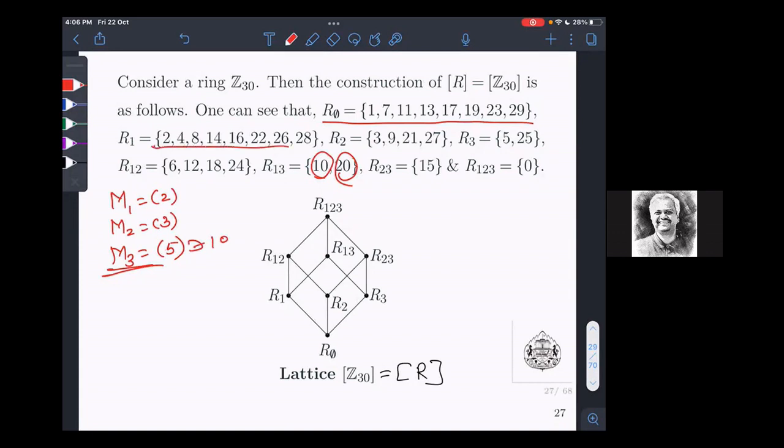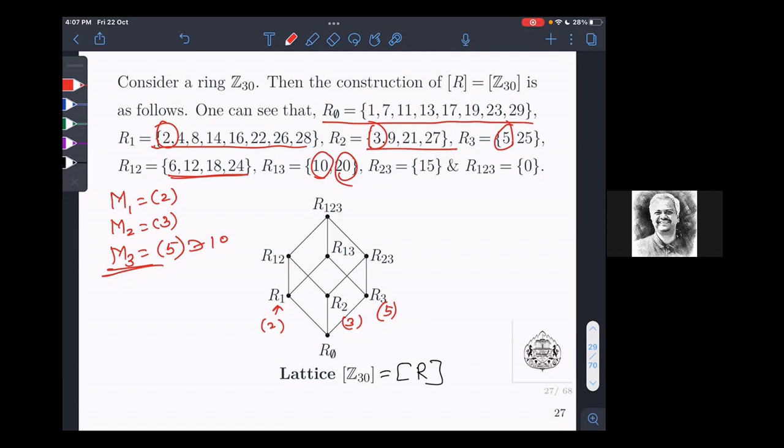So likewise, R1 is here, R2, R3, you can see here. And these are the items. So in some sense, this will represent it. Is this okay? A sort of understanding you will get. Now, in R12, these are the elements which are present in the intersection.